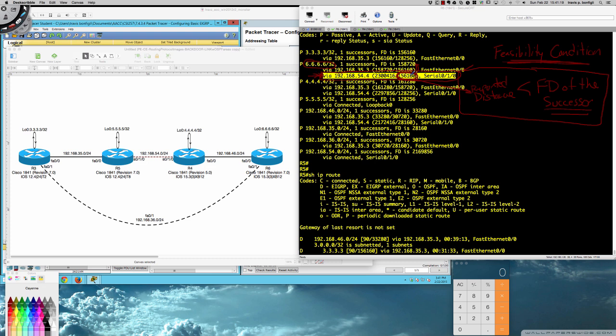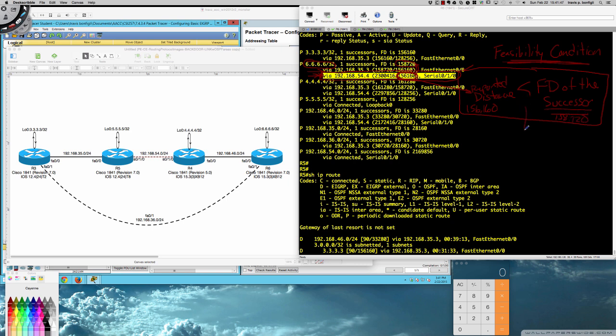So again, we'll take one more pass at this. Our reported distance is 156160, and that is less than the current feasible distance of the successor. And the successor is this one listed first, router 3, because the feasible distance of the successor is 158720.